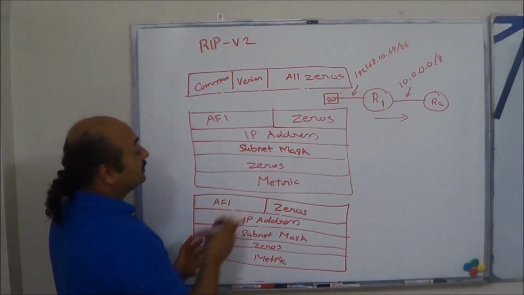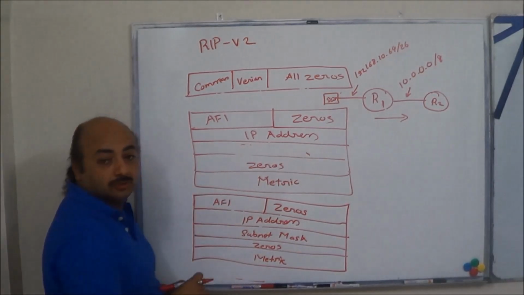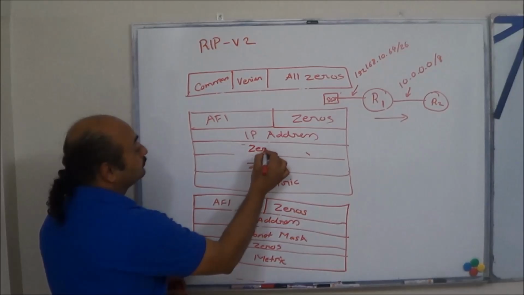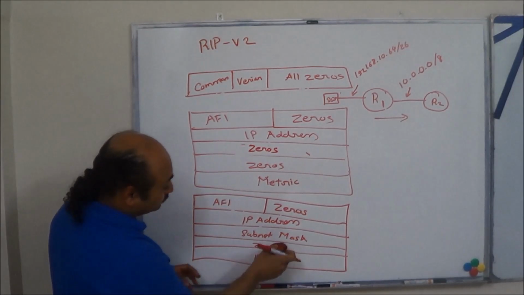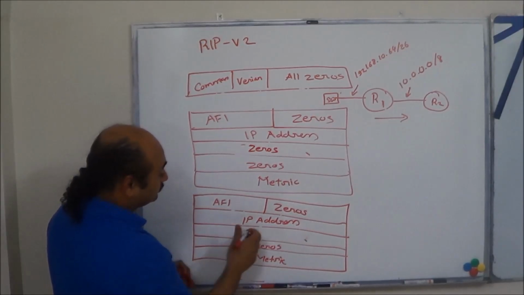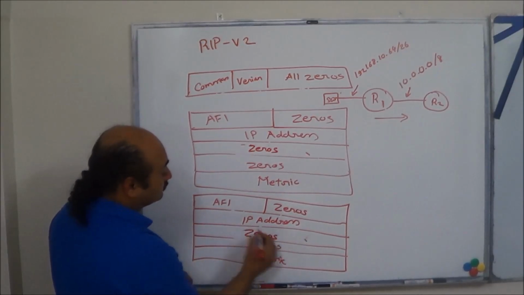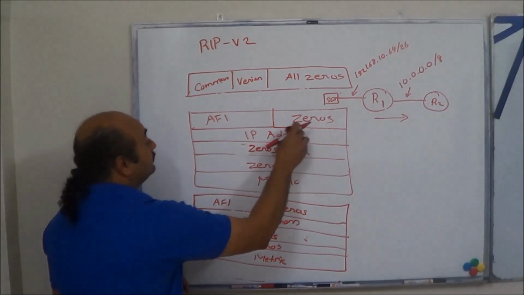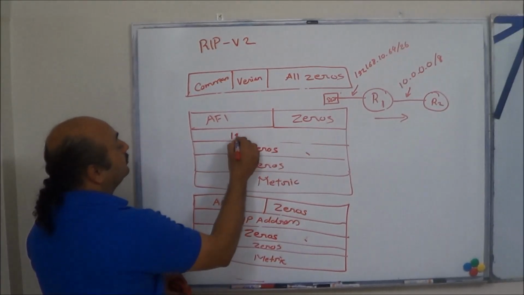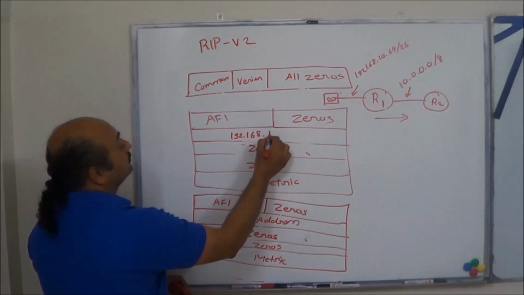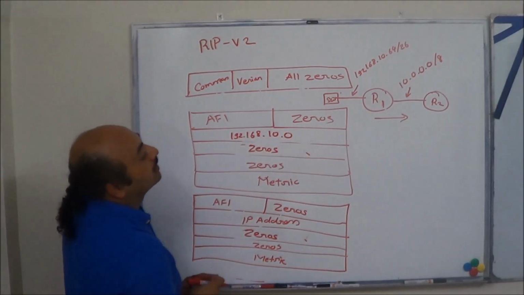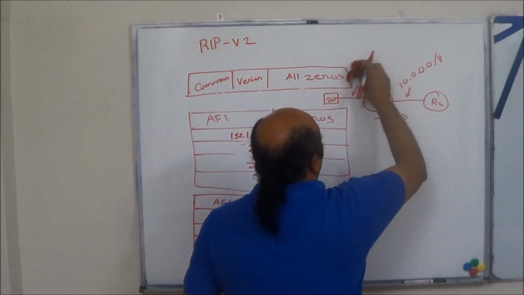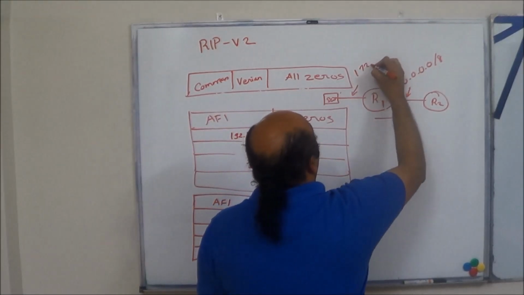So in RIP version 1 there was no subnet mask. This was zeros, here also zeros. So what would it have sent? 192.168.10.0. Let me change it. 172.16.